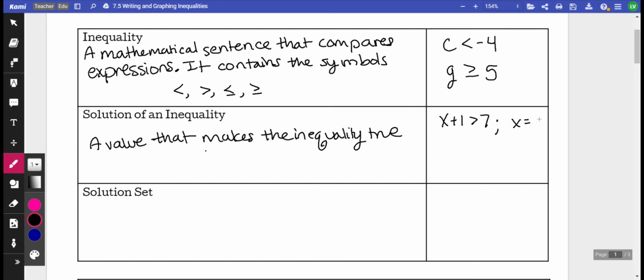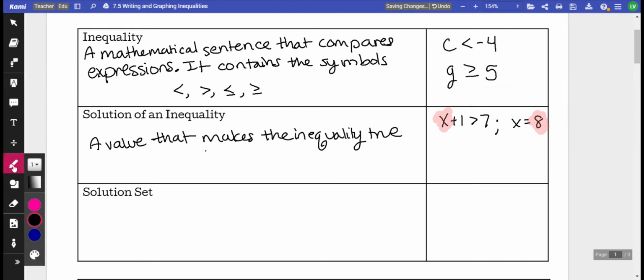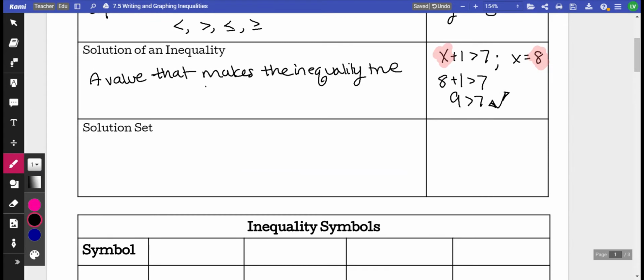If you had x equal 8, you replace x here with the number 8. 8 plus 1 is greater than 7. So 8 plus 1 is 9. 9 is greater than 7. Check. Yep, you're good.